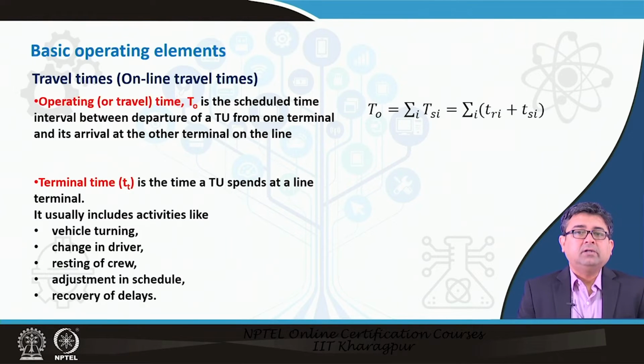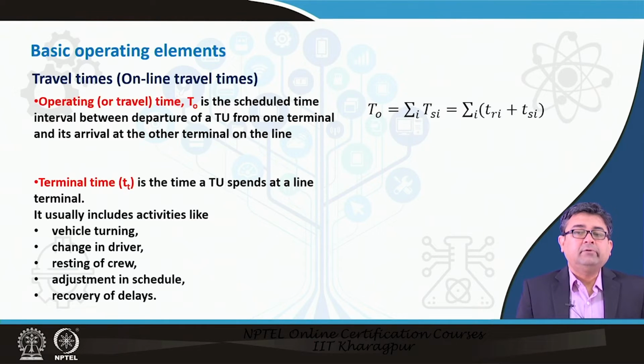Next is what is called the operating time or the travel time. It is the scheduled time interval between the departure of a TU from one terminal and its arrival at the other terminal on the line. So, now you remember what is a terminal station, right. Terminal stations are the two end stations. So, when we talk about an operating time, we are looking at the time when a TU leaves one terminal and when it arrives at the other terminal on the same line.